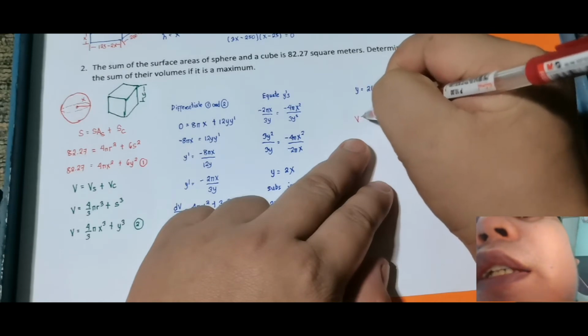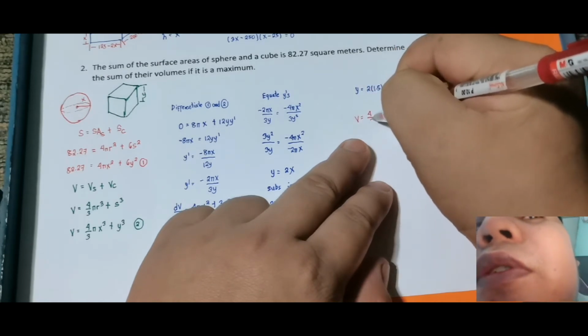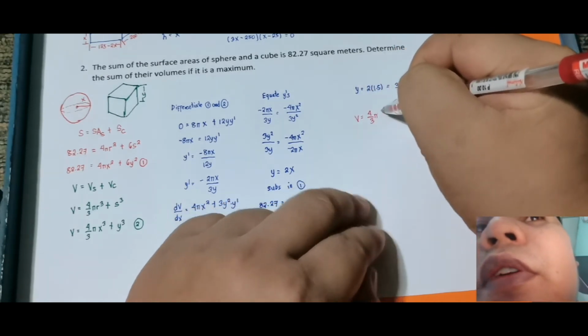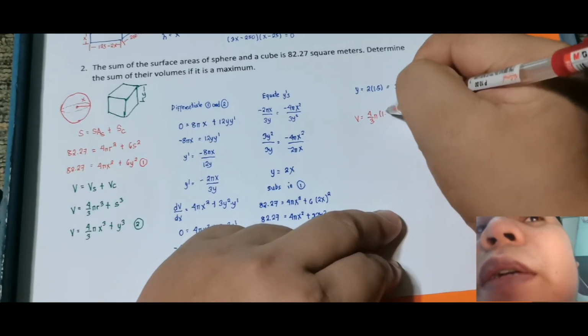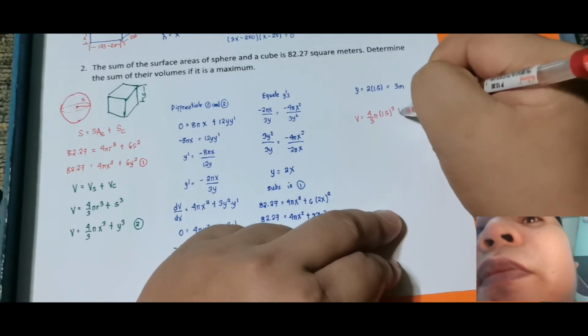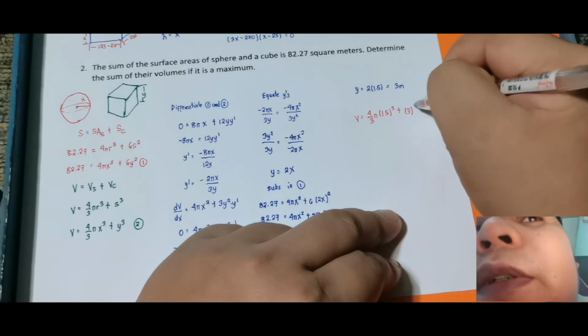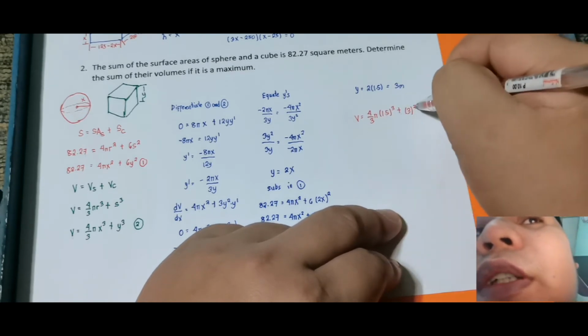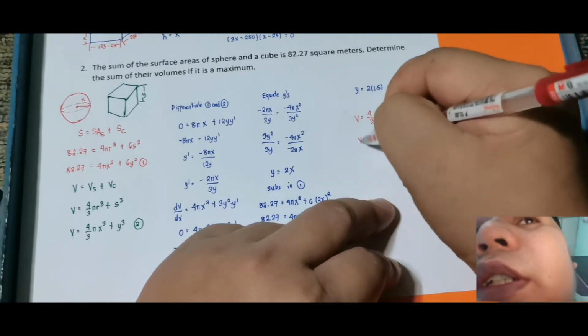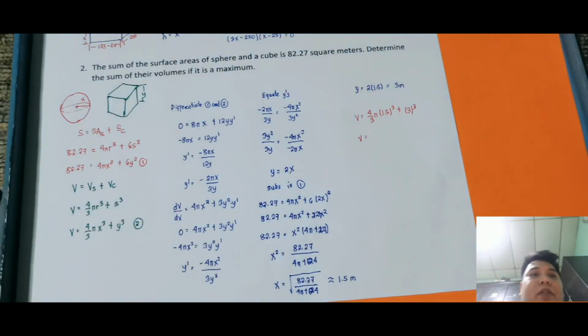So B is equal to 4 over 3 pi, times 1.5 cube plus 3 cube. Oh, sorry, this is 3 cube. Okay, so this is 4 pi. So complete natin na.